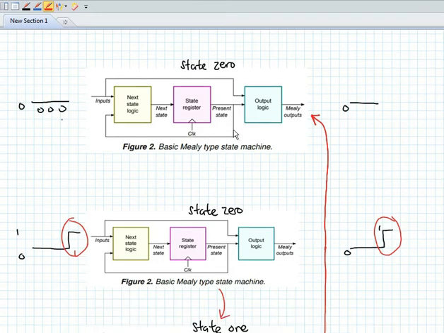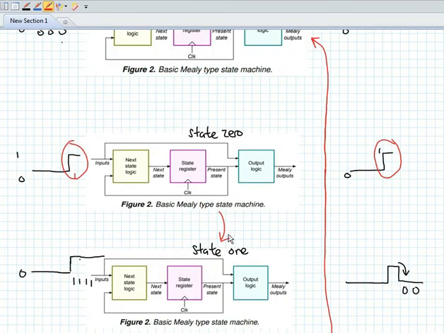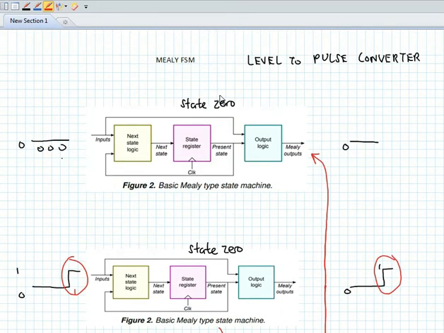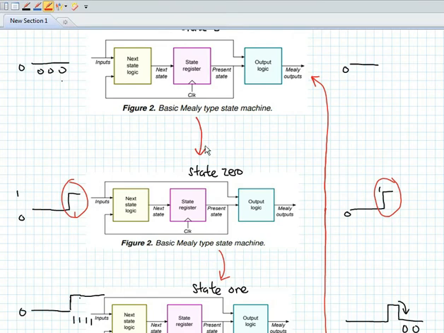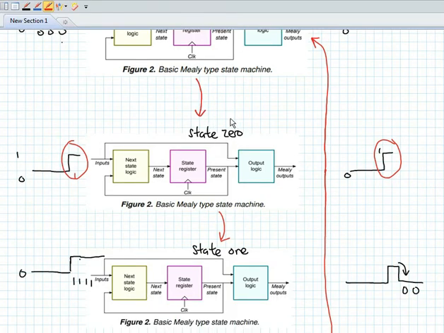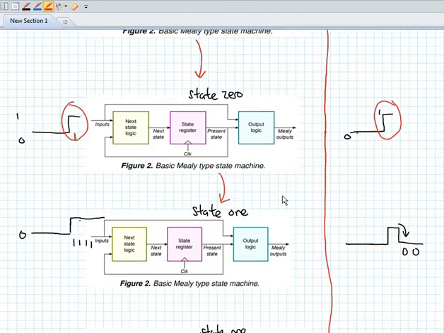So notice that you only need 2 states, state 0 and state 1. Let me repeat. While you're in state 0, you detect 0, you produce 0, and you stay in state 0. While you're in state 0, you detect the first 1, you produce a 1 and you change state. These 2 things are happening at the same time.